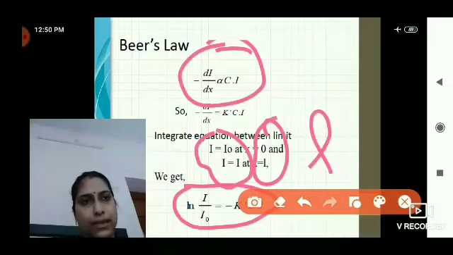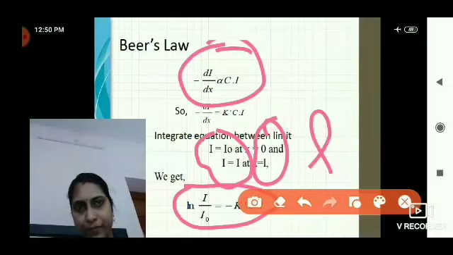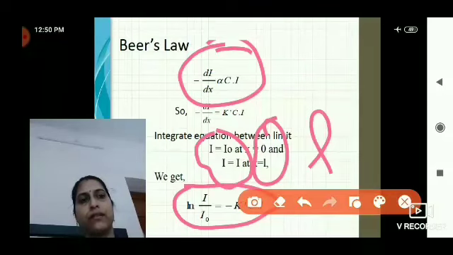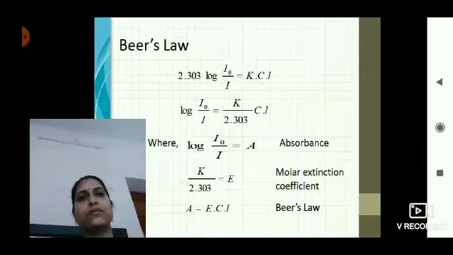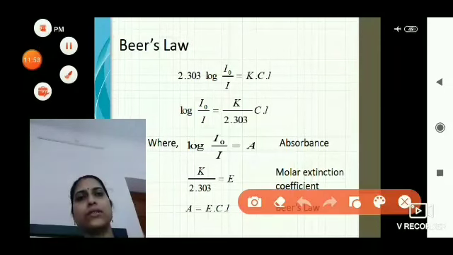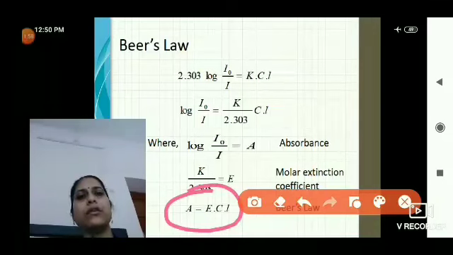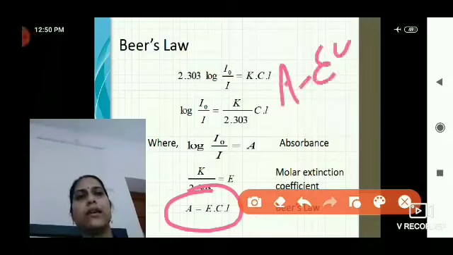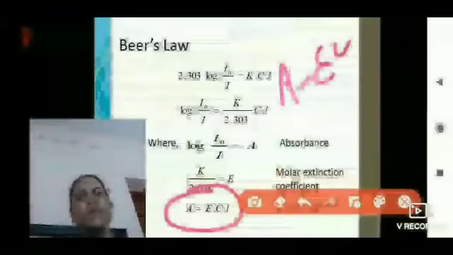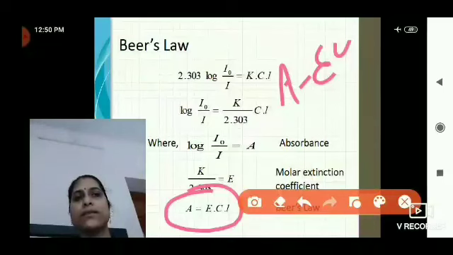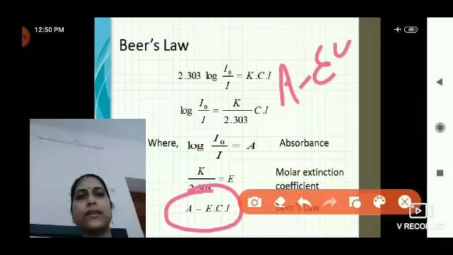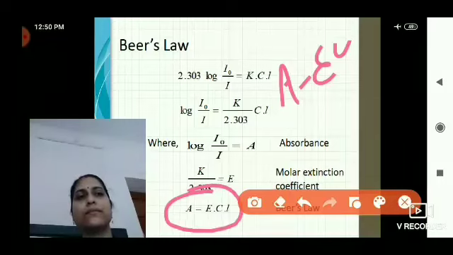Here it is not K because we have already used K in the Lambert law. Following the same procedure, you get A = εCL. Here ε is the molar extinction coefficient, C is the concentration of the solution, and L is the length.